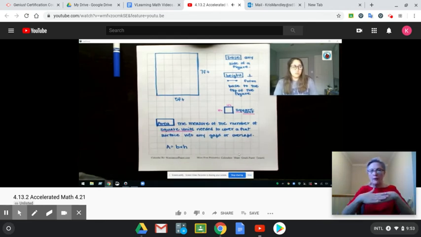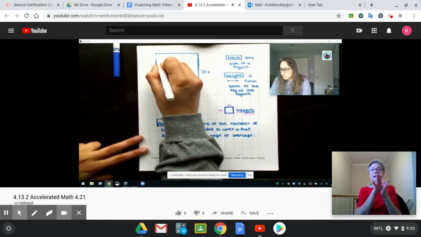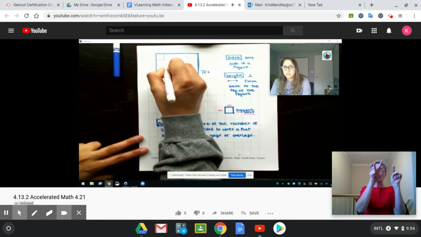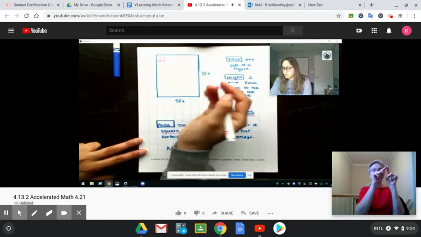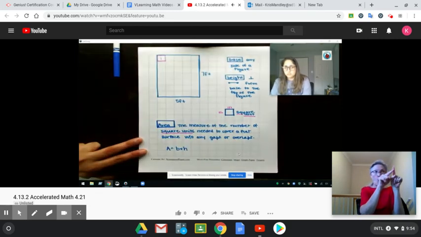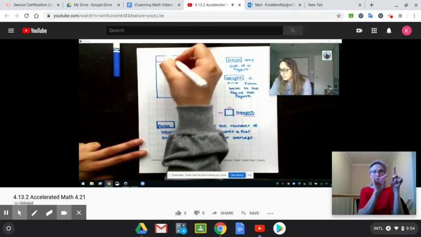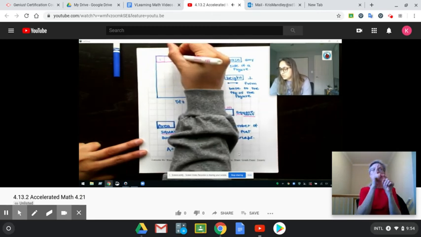And what you might already be noticing is that you could count each individual square here, right? So here's 1 unit square. That's 1, because that's 1 square that has a length of 1 and a width of 1 foot. Moving on, I've got another unit square right next to it. That's 2.